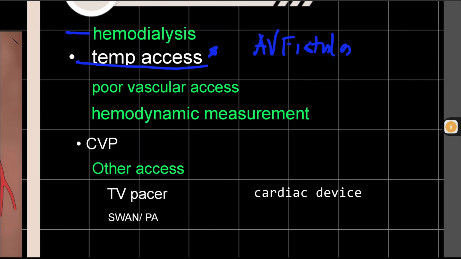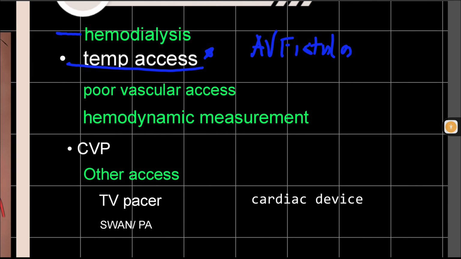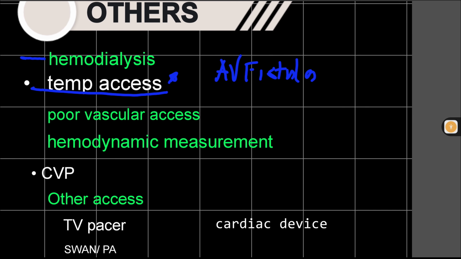Okay. Now, poor vascular access. If your patient has poor vascular access, meaning difficult cannulation, definitely we can request, or we can see that the patient is going to have a central line, either a PICC, those kinds of types of central line. I will discuss it in a bit.